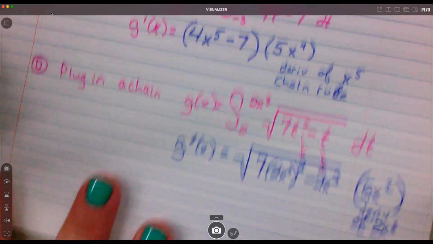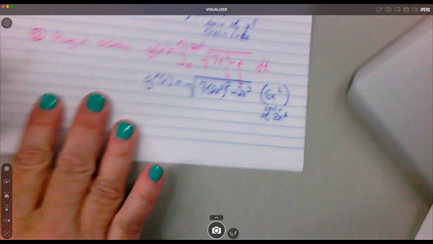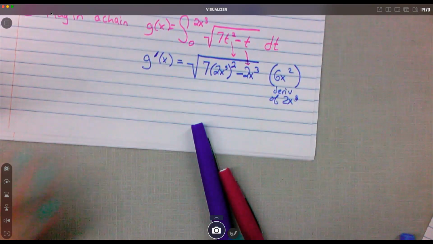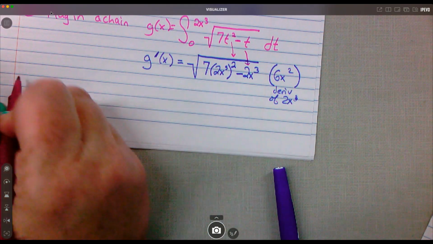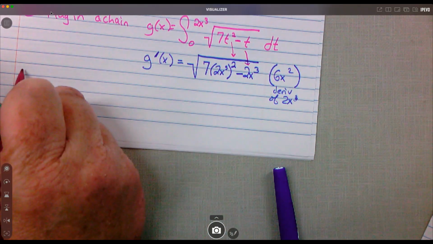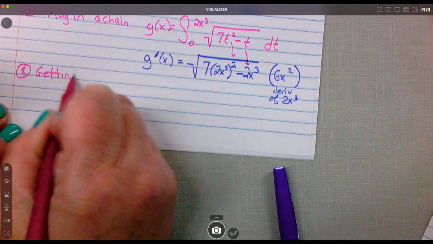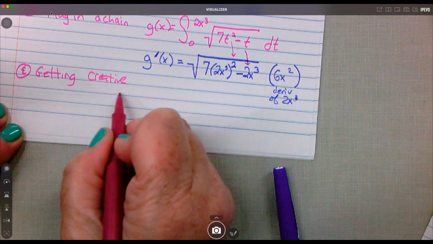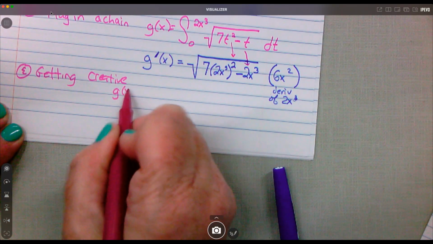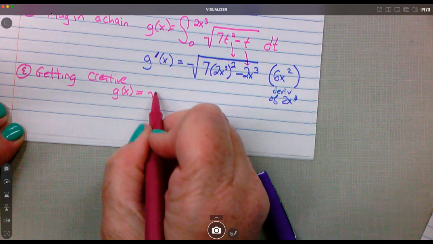Okay, last example. I'm going to call this one, they got creative. This is when the authors of tests and things just try some funny business on you. So here we are getting creative. And the function they gave us was g of x. And this time, they start it with x to the power of 5.